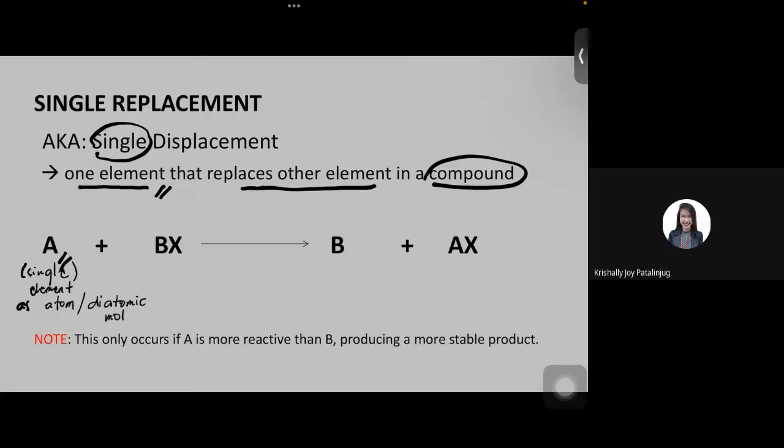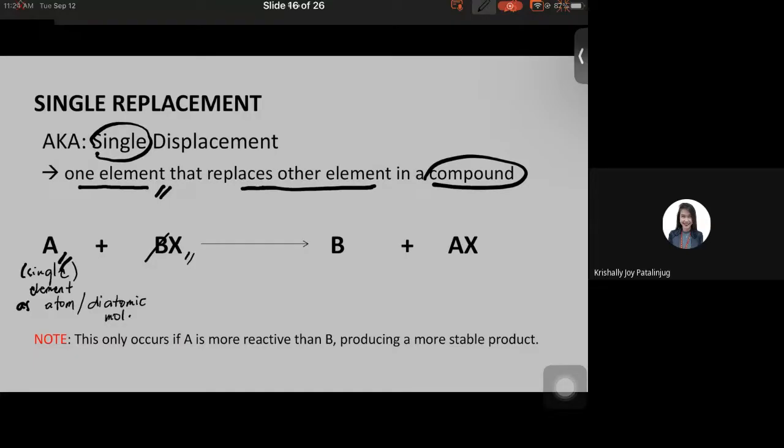That's how we define an element. Okay. If it is reacted to a compound and it is able to displace or kumbaga replace one element from that compound, then that is a single replacement type of reaction.